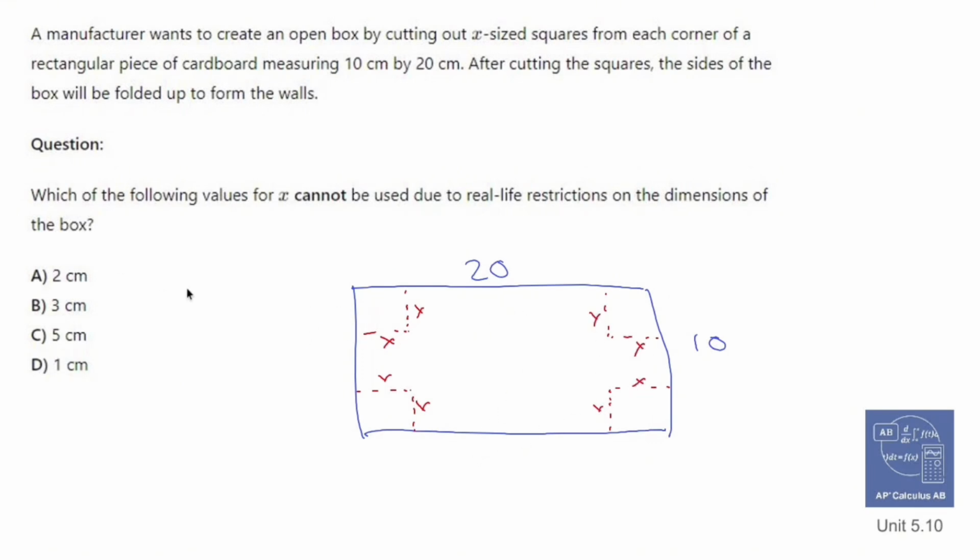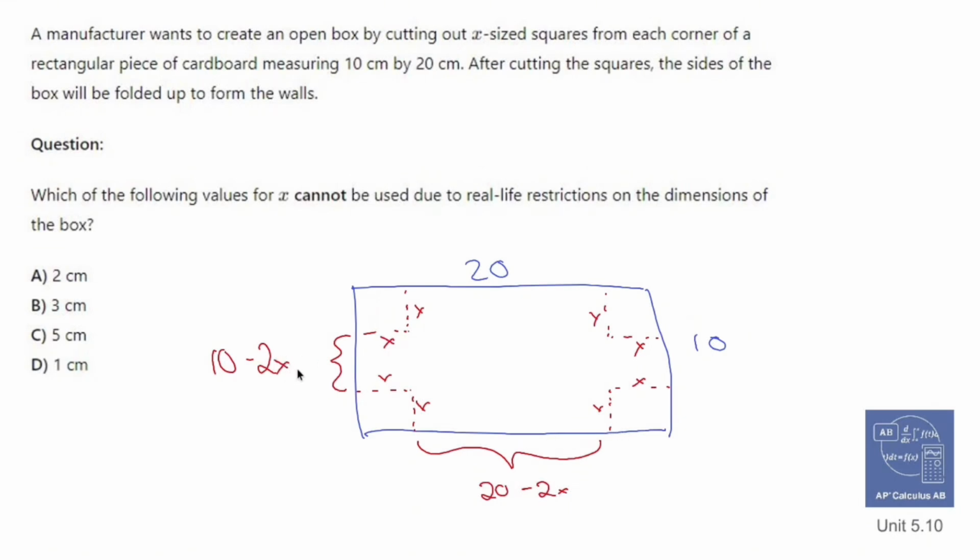Now, what that does is the brand new length of these sides is going to be 10 minus 2x. This length is going to be 20 minus 2x. So common sense would tell us that I couldn't say, well, let's cut out 7-sized x's.